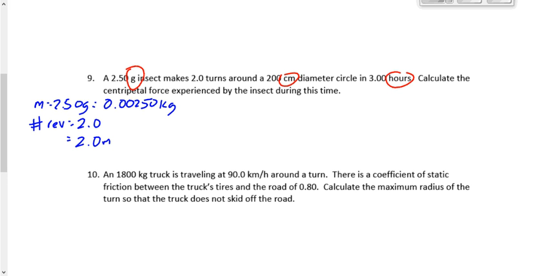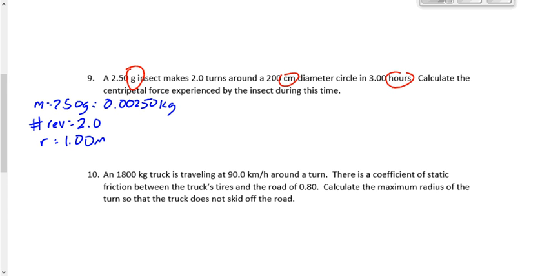Radius? Is that radius, R? Karen? It's diameter. I don't want the diameter. I want the radius. The radius is 1.00 meters, right? The radius is half the diameter. Man, how easy is it to miss that, hey?